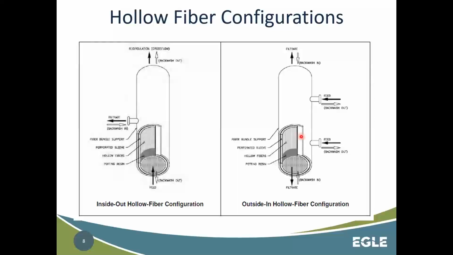And then once it gets to the inside of the straw, it's allowed to come out both the top and bottom. That's the outside in. This is the common one. Then there's just the opposite flow direction, inside out. This is kind of the obsolete type.